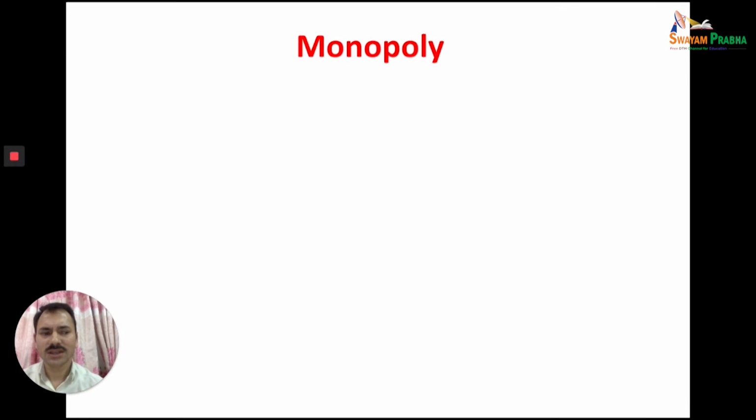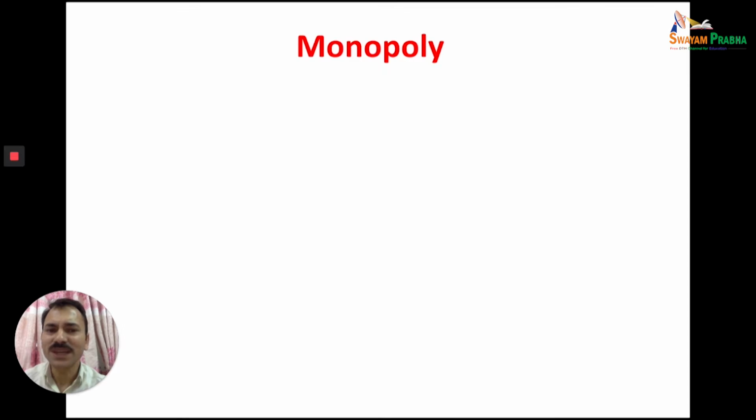So let us discuss what is monopoly, the meaning of monopoly. Monopoly is the market structure in which a single firm is the sole producer of a product for which there is no close substitutes.